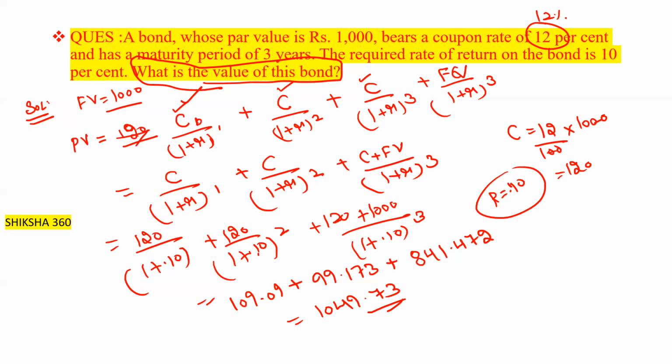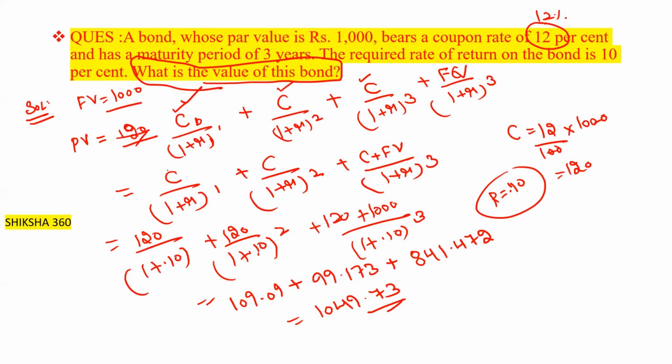Okay. Now this question I will solve another way. So present value is equal to, here we are using one formula, that is future value only for the 1000: future value upon 1 plus r power n. And for every year, at the end of the year you will get the coupon, that is interest of 120 rupees.